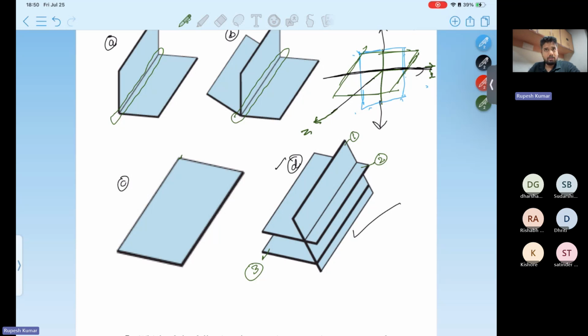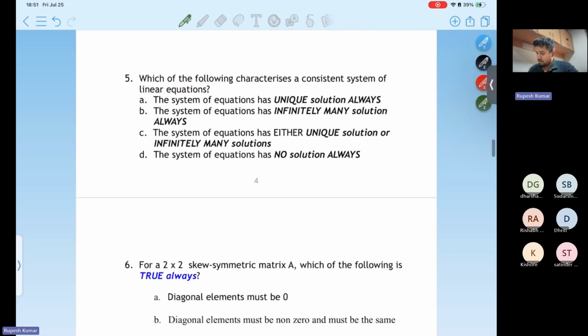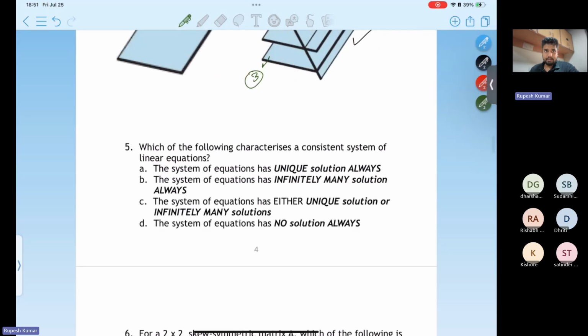Sudarshini had this doubt. Is this clear, Sudarshini? Great. Fine. So let's move on to the next problem, right? Anyone else, if you have any doubts, please ask by typing in the chat box.